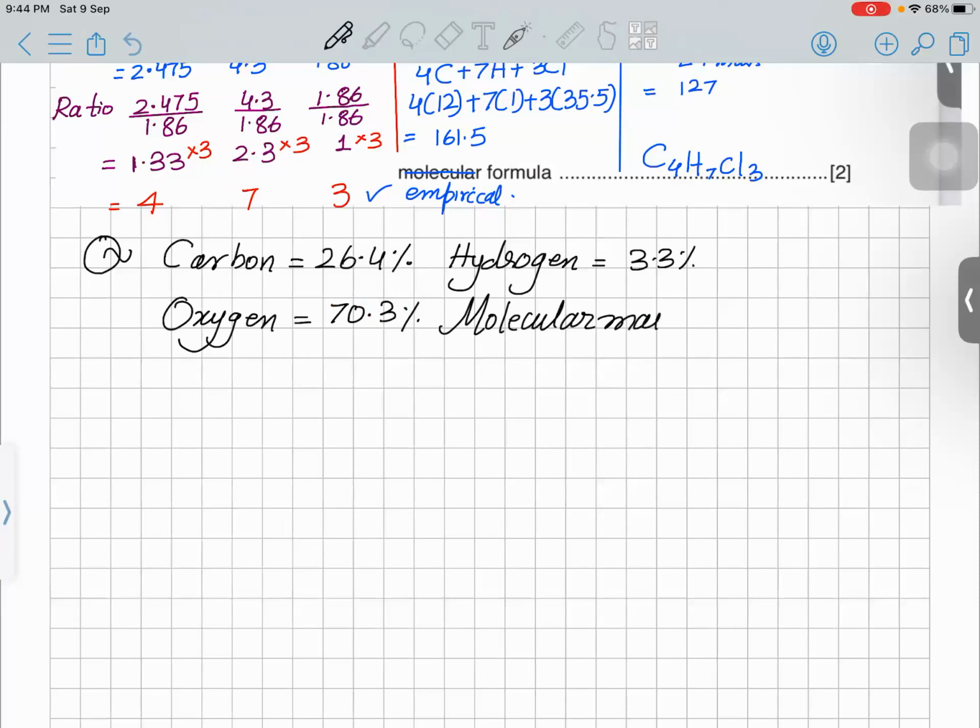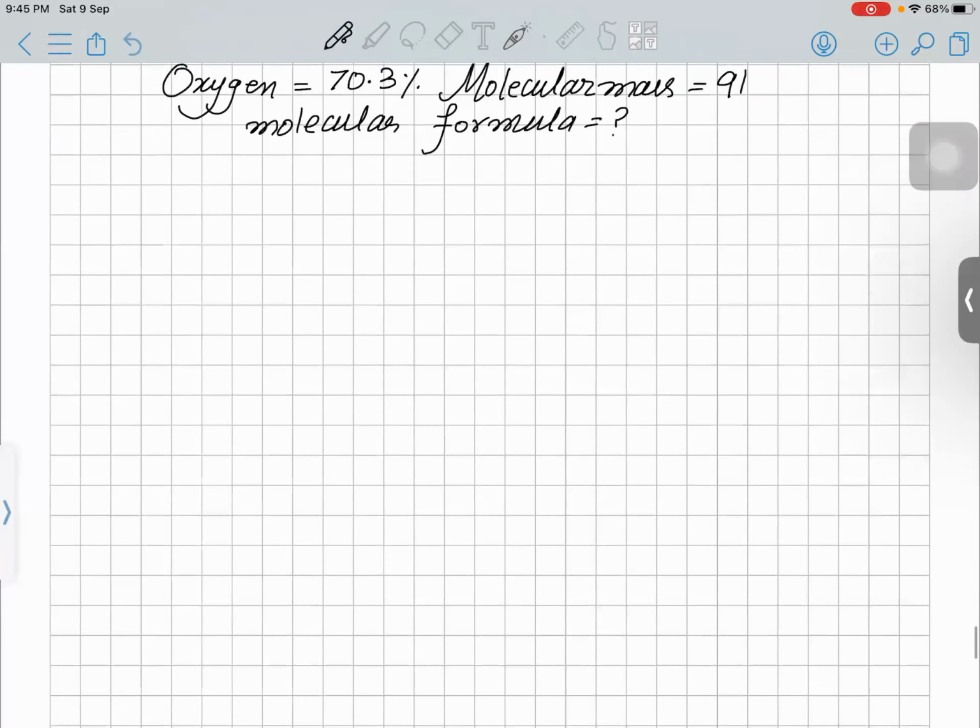Molecular mass is 91. Find the molecular formula. Yes, it's your turn. Now calculate.